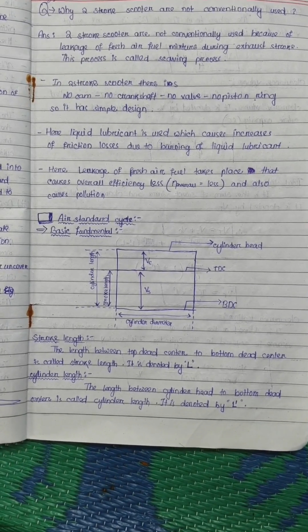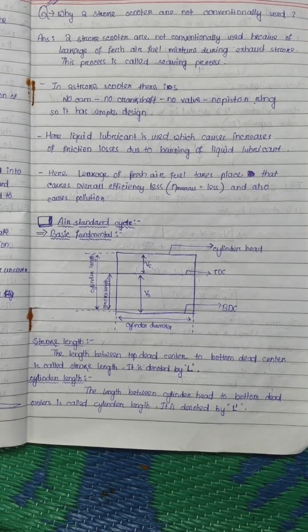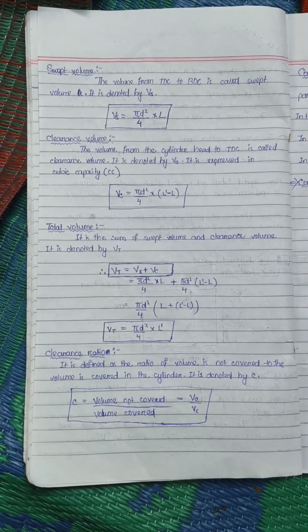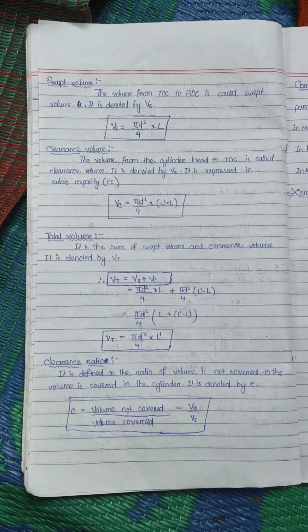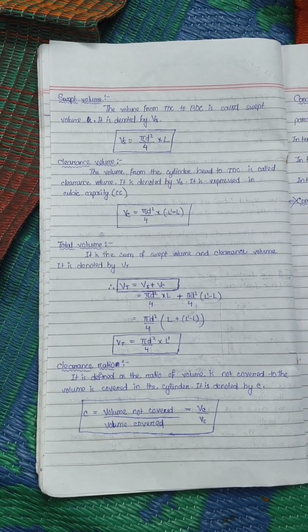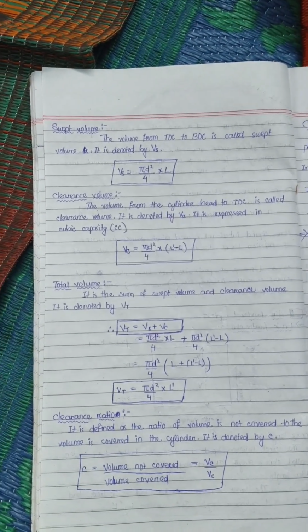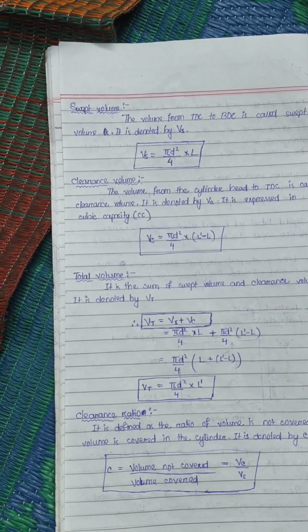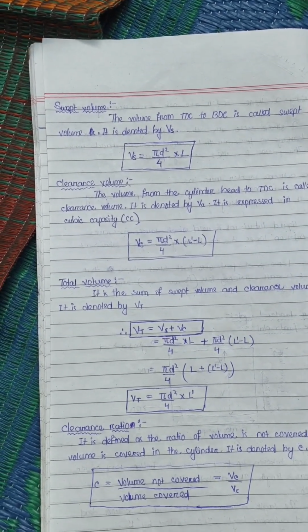It is denoted by capital L dash. Swept volume: the volume from TDC to BDC is called swept volume. It is denoted by Vs, which is equal to pi d square by 4 whole into L.